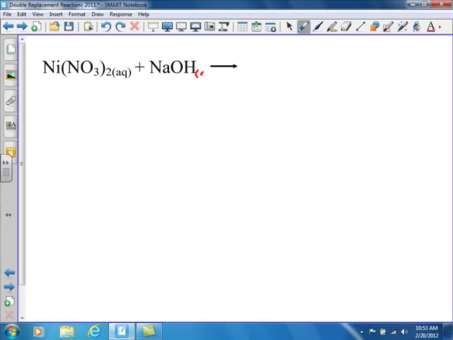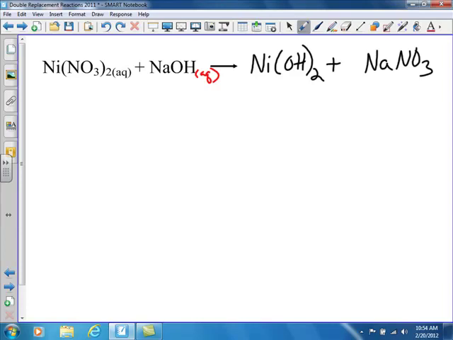Forgot the aqueous here, I see. So, write the products of this reaction. And the products of this reaction are NiOH2 plus NaNO3. And we need to balance this.